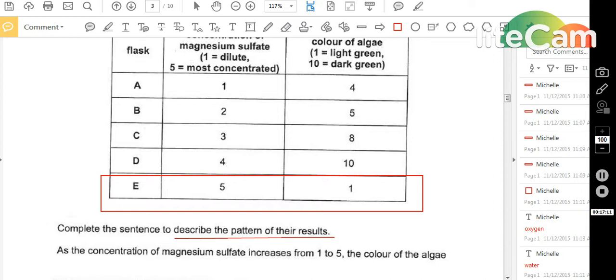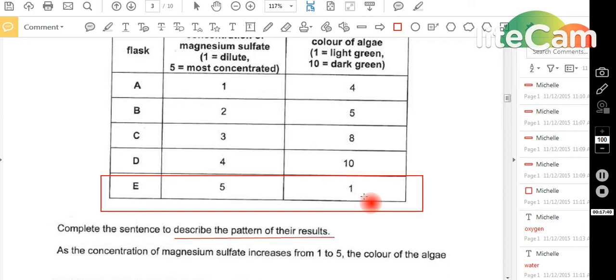So you've said that as the concentration of magnesium sulfate increases from 1 to 5, the color of the algae goes darker from 4 to 10. That's what we can see. Then you tell me, in flask E, where the magnesium goes to 5, the color becomes very light green again.